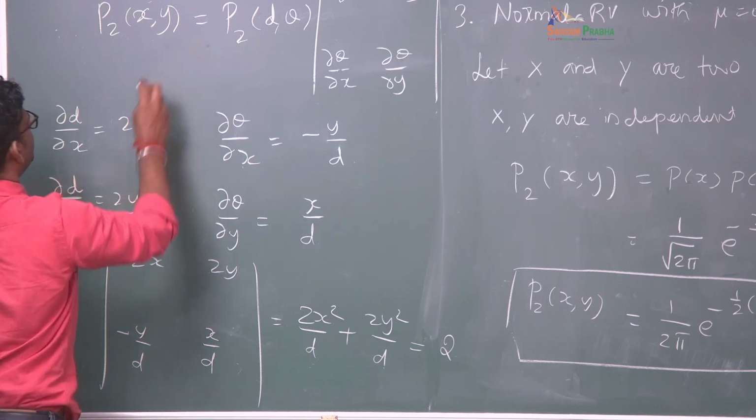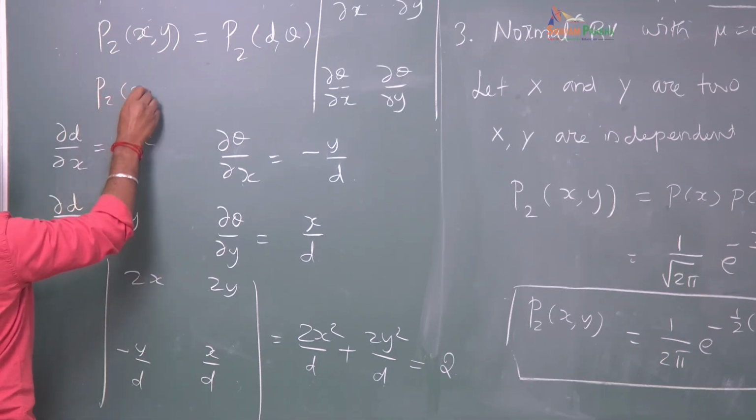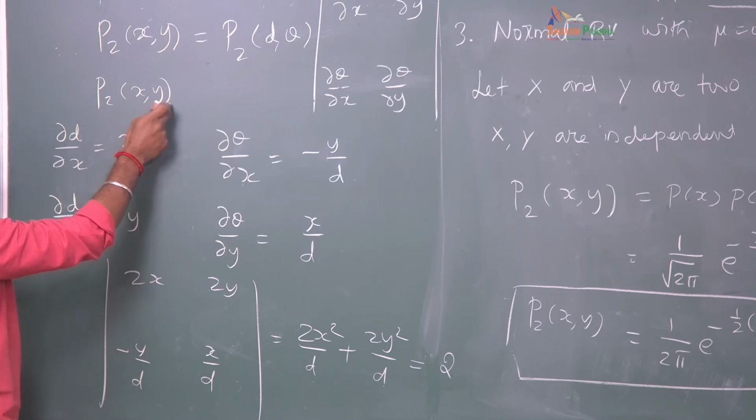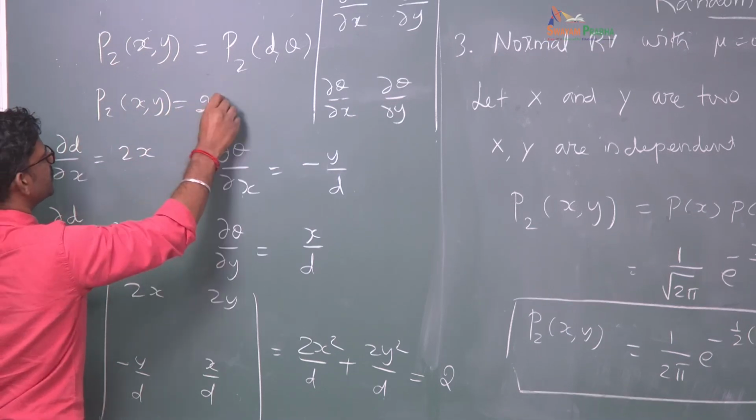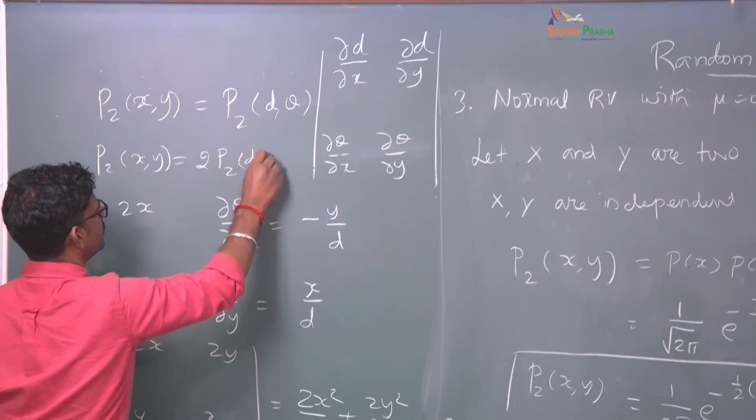So when you substitute that here, we say that P2 of x comma y, the joint distribution of x and y, is nothing but 2 times the joint distribution of d and theta.